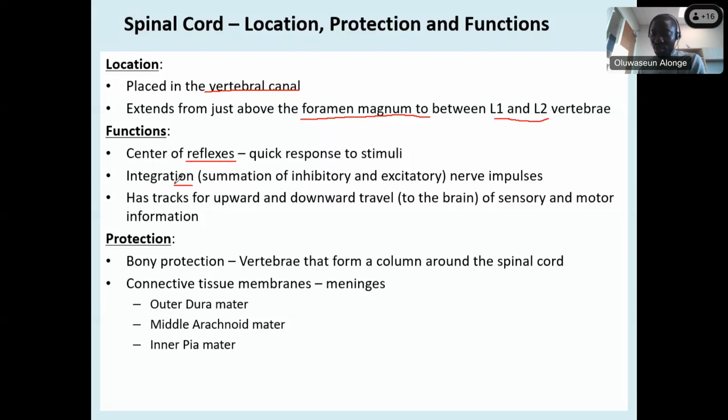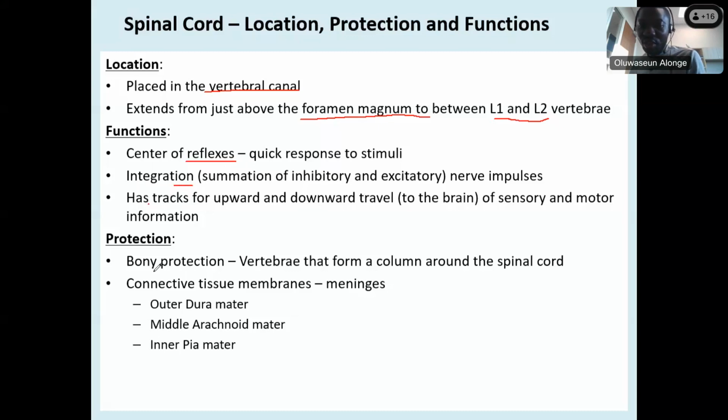It will be processed. You remember I talked about that last week when I looked at the function of the nervous system generally. And it has tracts of upward and downward travel to the brain. So we call it ascending and descending tracts, taking information in and out of the brain. Remember, we talked about sensory input last week and motor output.